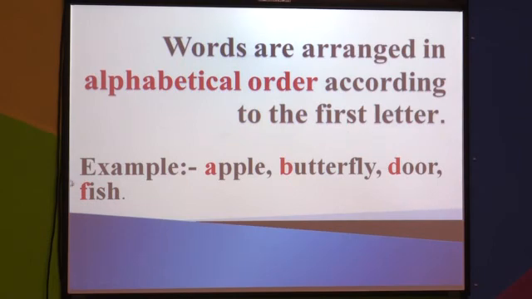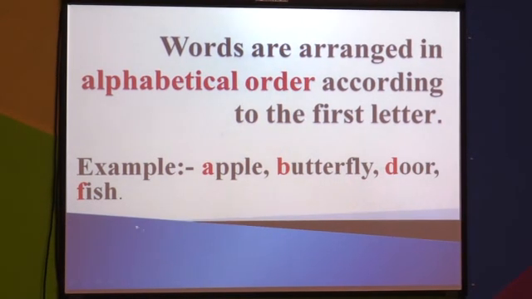For example, here you can see apple, butterfly, door and fish. In this list the words are given in alphabetical order because we are going to look at the first letter of the word. Here I have underlined these letters in red.